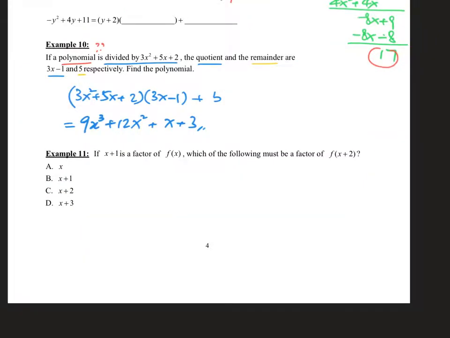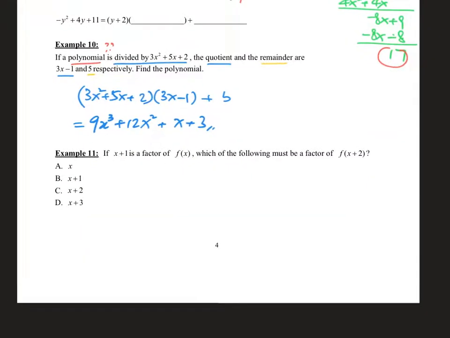Another question is a bit abstract. It's not just talking about calculation, but checking the concept. It tells you x plus 1 is a factor. Can you see that the word factor appears in the question of f(x)? Now you are going to see which of the following must be a factor of f(x plus 2). As the question shows you no information about the quotient or remainder, you can't do any calculation there.